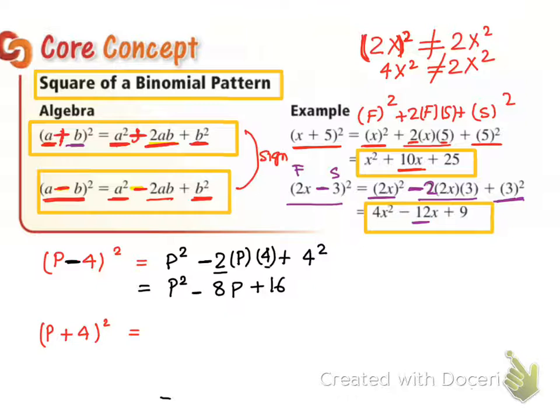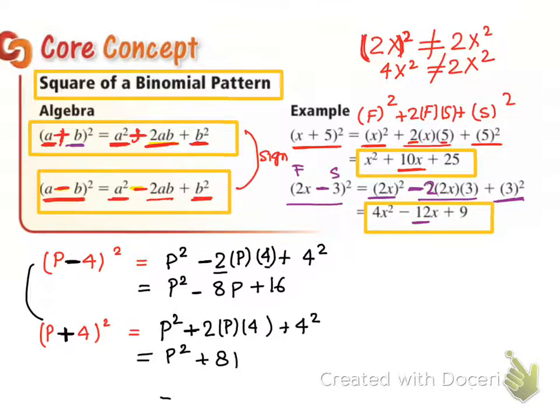That's the answer. If you do the other one, how is this different from this one? That's going to be first term square, p square, second term square is 4 square, but now I have to be careful, this is the plus sign, so here it is going to be plus 2 times the first one and the second one. That's going to be p square plus 8p plus 16.